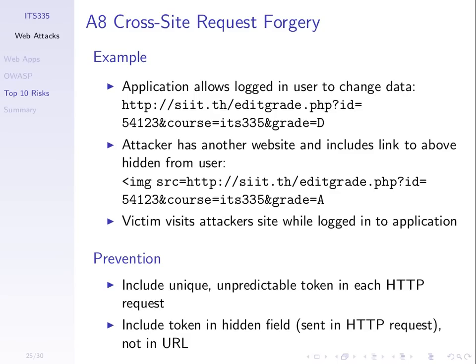Because the browser will automatically send the cookie to that domain if they're already logged in. So the victim, me in this case, was already logged in, so there was a cookie for this website, and when I follow this link, the cookie is sent, and therefore the server recognises it's me that's logged in, and therefore the update of the grade was changed.